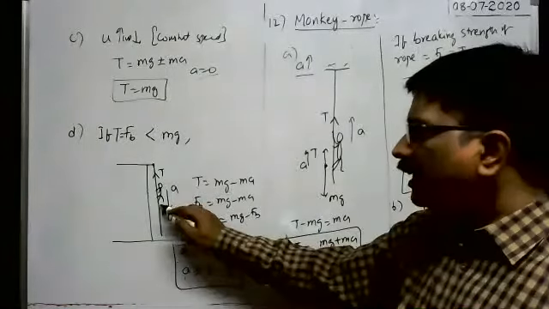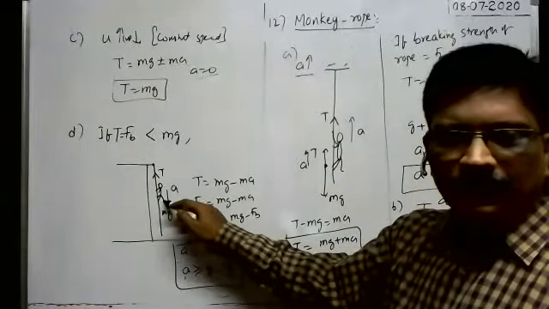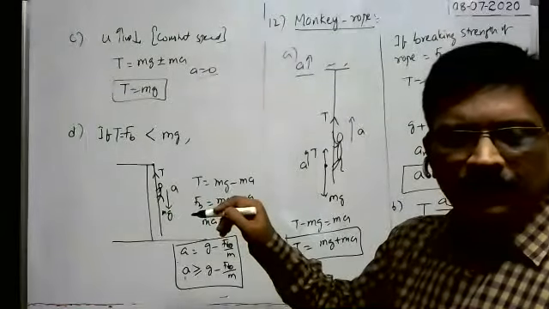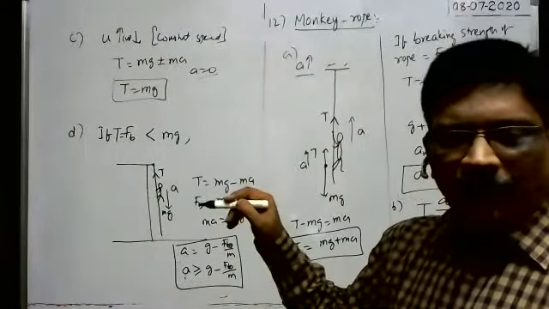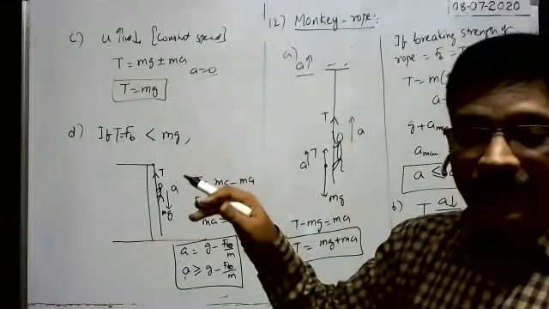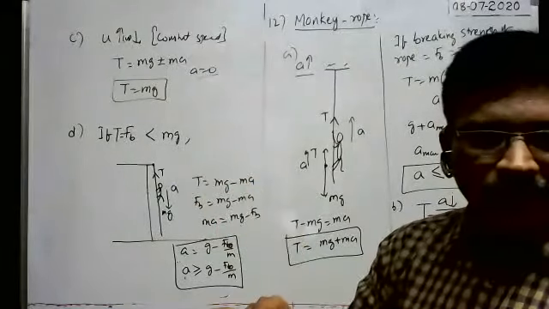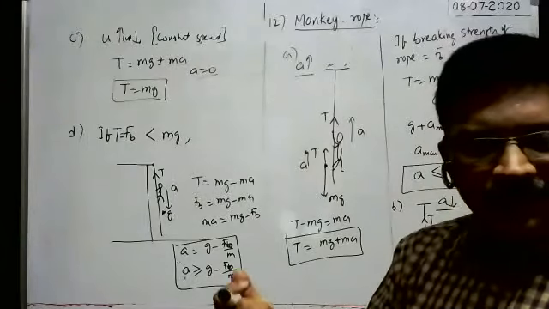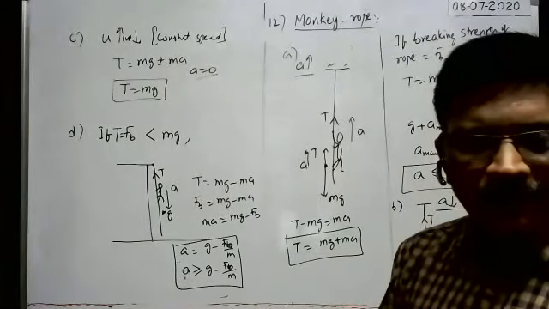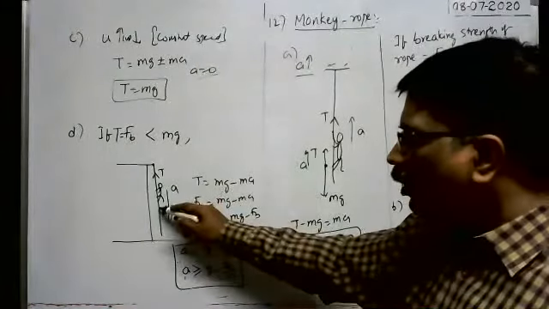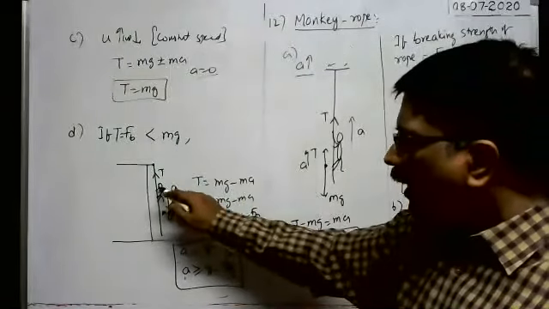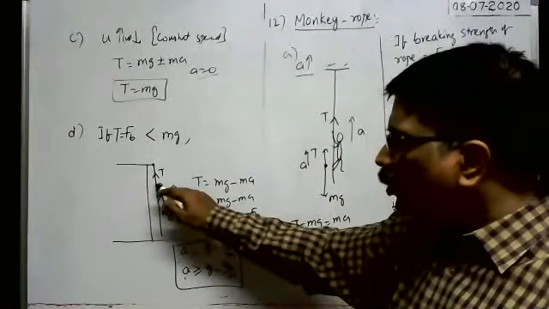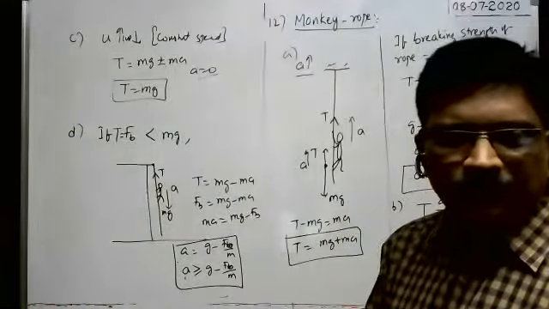It is not standing on any platform, no? Man standing on the floor of the lift: the floor of the lift exerts a normal force on the man. But what does the monkey do here? It does not stand on the floor. By applying force on the rope, it is moving upwards.